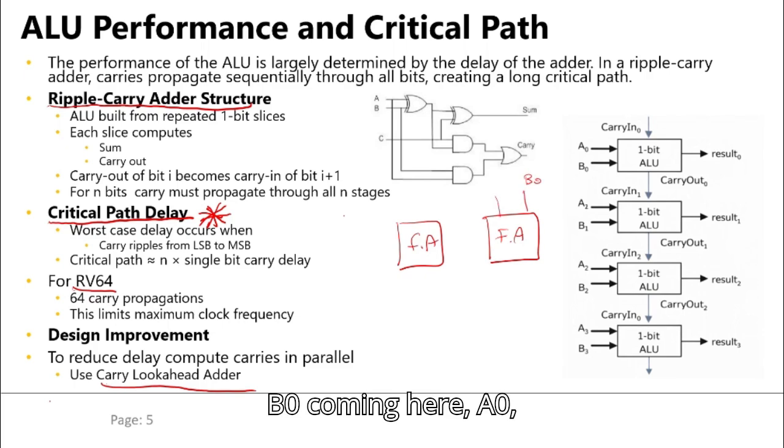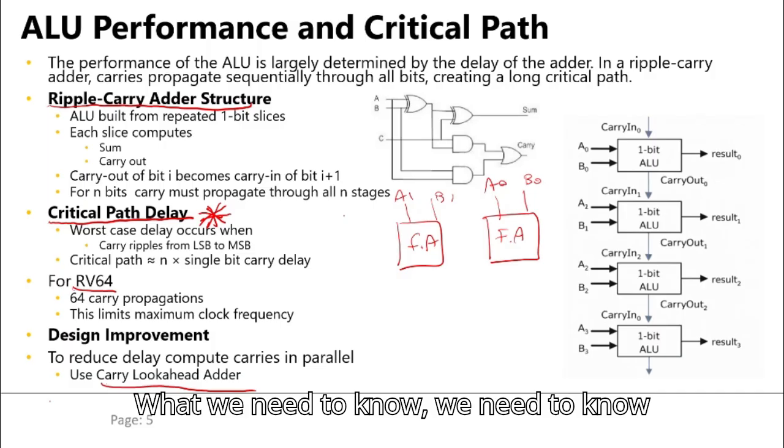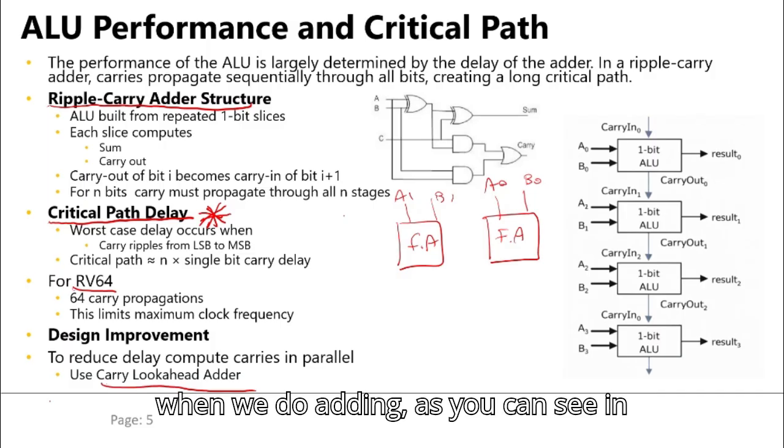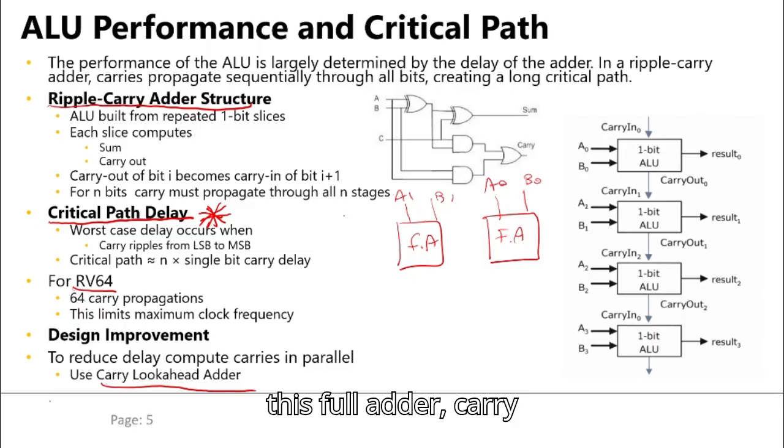B0 comes here, A0, B1, and A1. What we need to know when we do adding, as you can see in this full adder, is that carry out is equal to AB plus C in times (A XOR B).